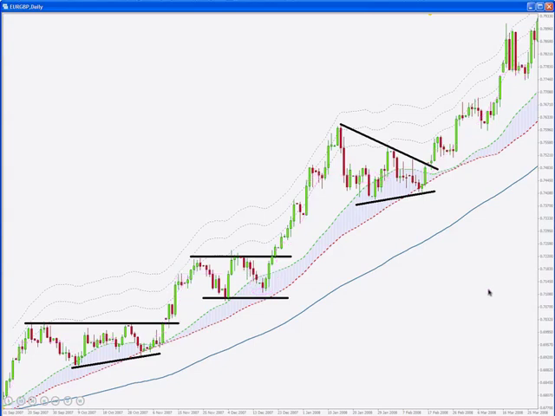Once you gain a little bit of experience, a little bit of screen time under your belt, you will see that spotting those sideways price action areas, those ranges, those consolidation areas, is not really that difficult. Once you spot them, simply mark the range boundaries. Here we have a triangle, here we have a sideways range, here we have some sort of a mild flat top triangle.